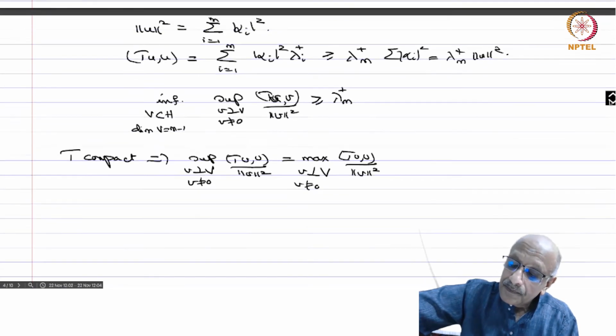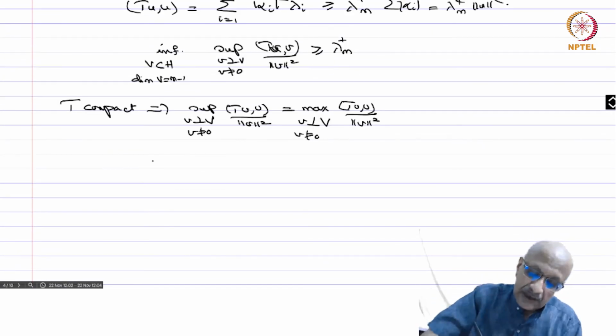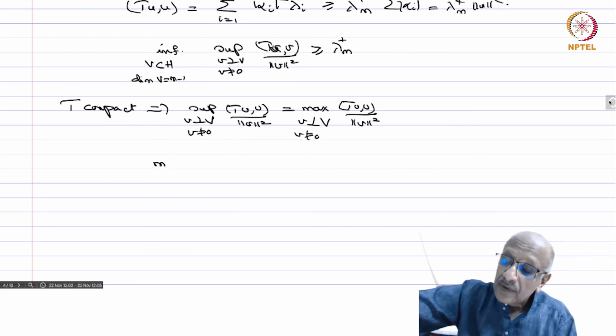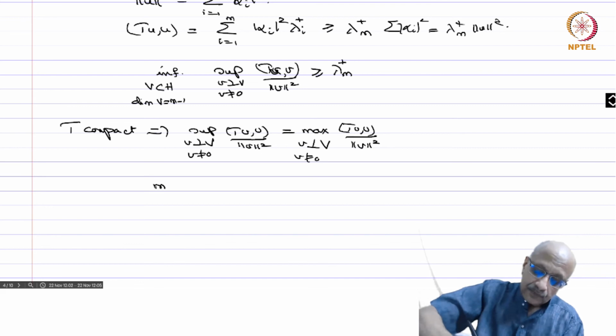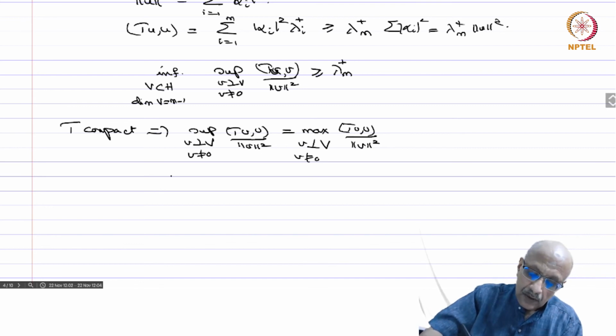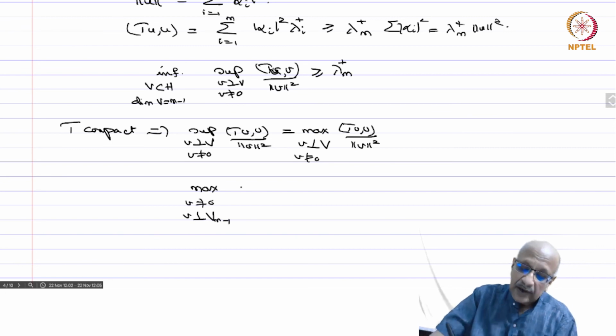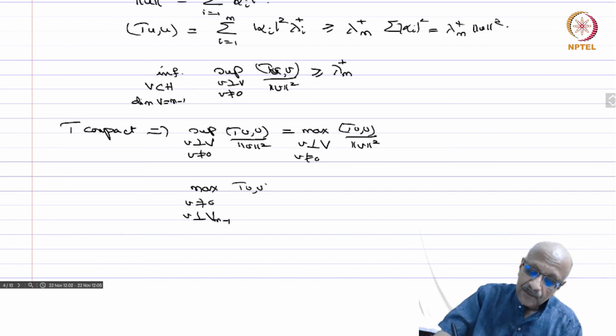And now we have already seen that the max over v not equal to 0, v orthogonal to V m minus 1 plus, this being an m minus 1 dimensional space, of (Tv,v) by norm v square is in fact equal to lambda m plus.